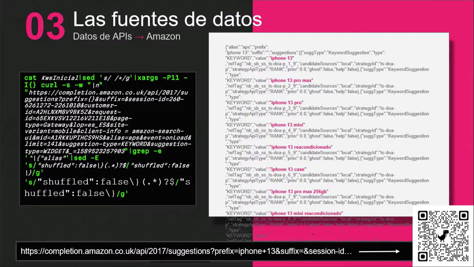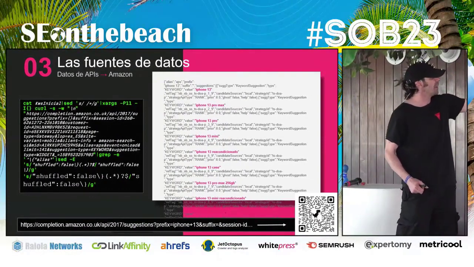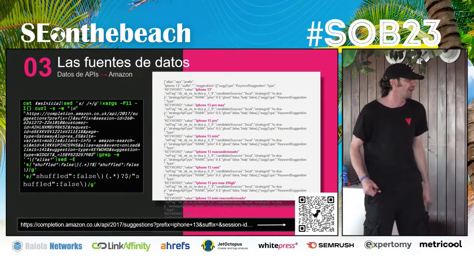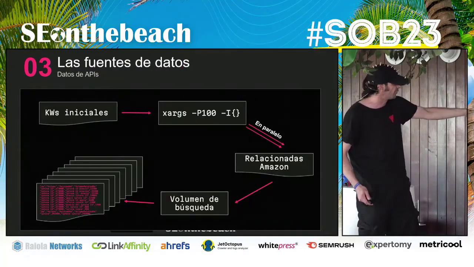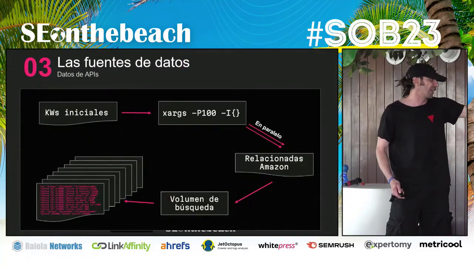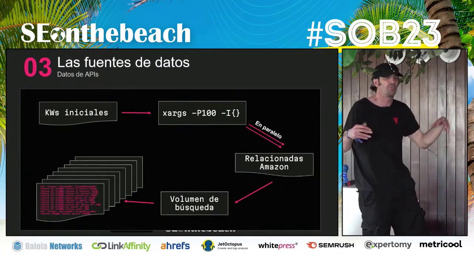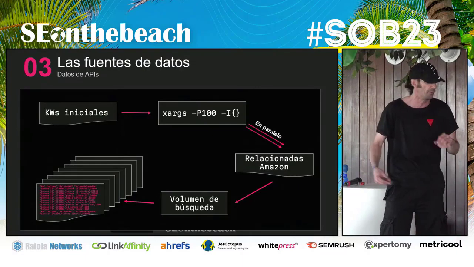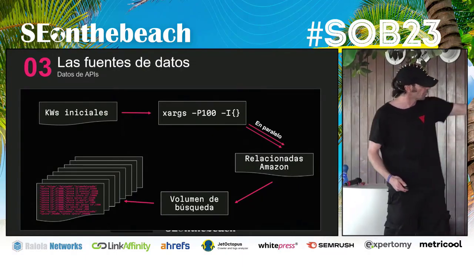You should look at this URL in your browser to see what it includes. It will give me all the related Amazon links for this specific keyword. So initial keywords, in parallel I will use xargs, and at the same time Amazon links.